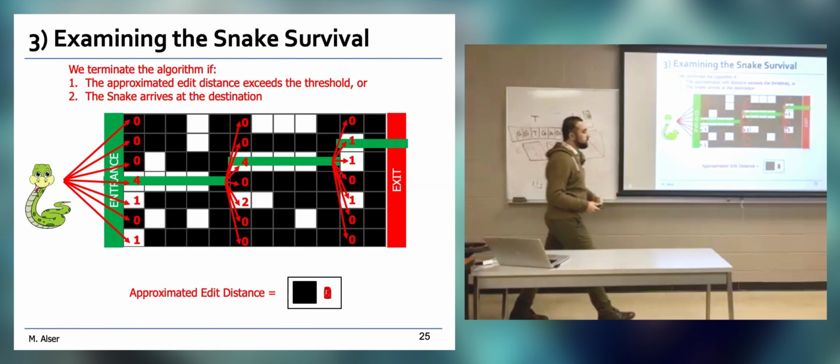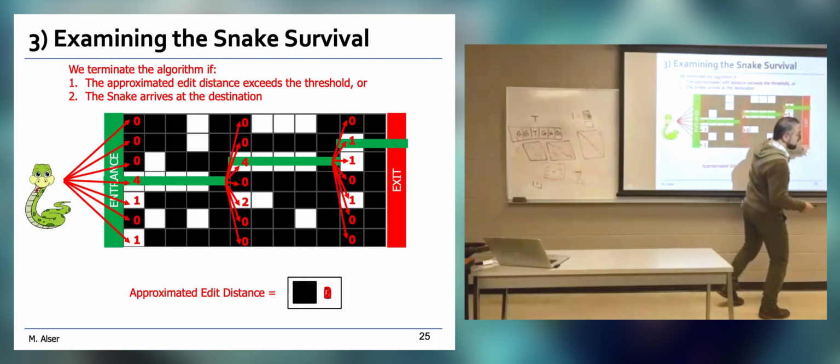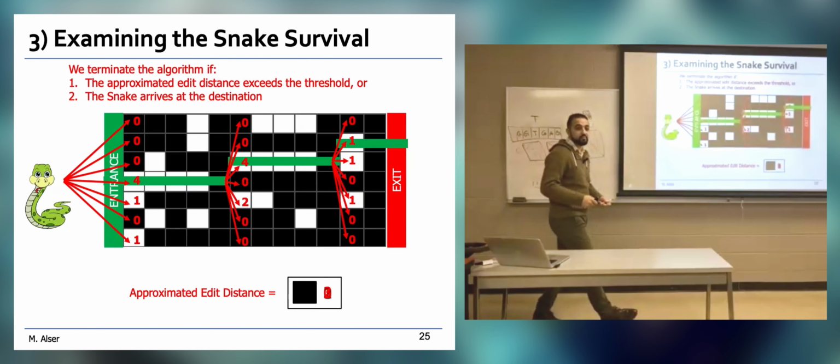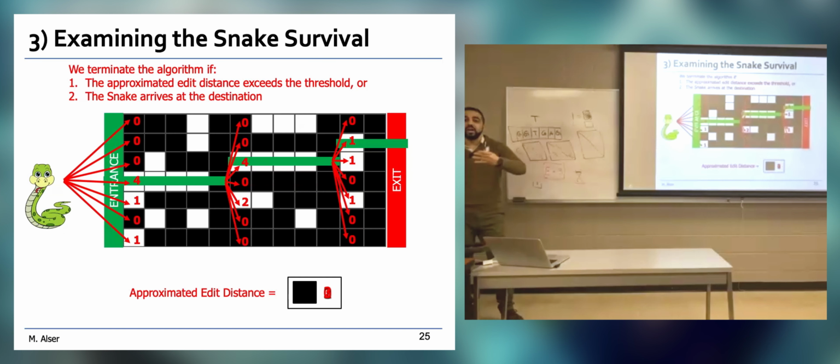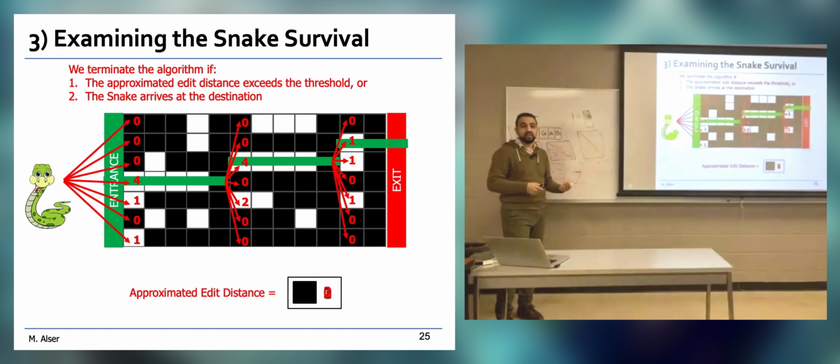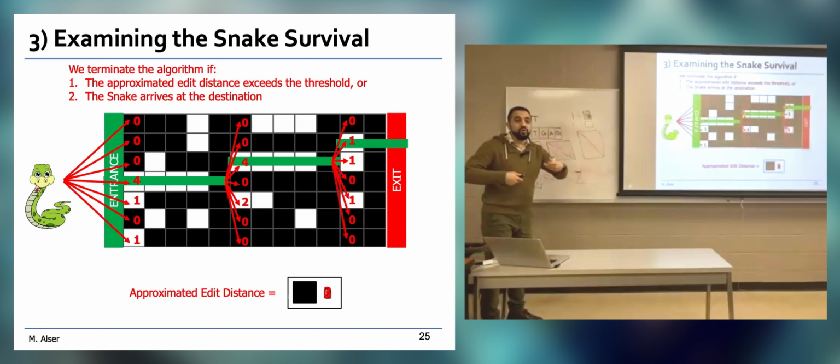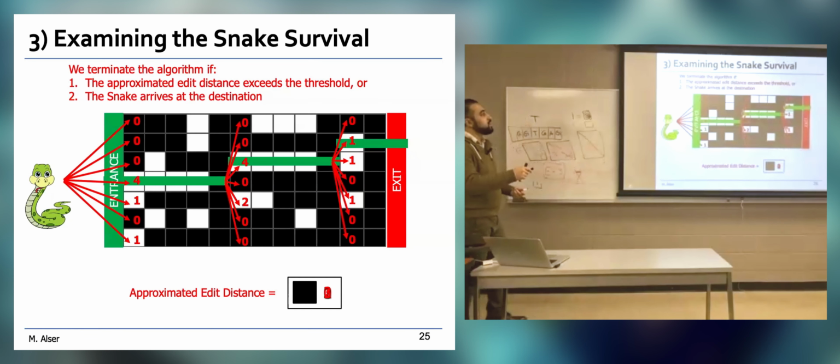Now, imagine we didn't reach the exit. What will happen? If there are more columns to go through, when should we terminate the algorithm? We could terminate the algorithm if the approximated distance, the number we calculate over here, exceeds the threshold. Now it's a 3, so it's okay for us. But imagine we hit the 5 edits.